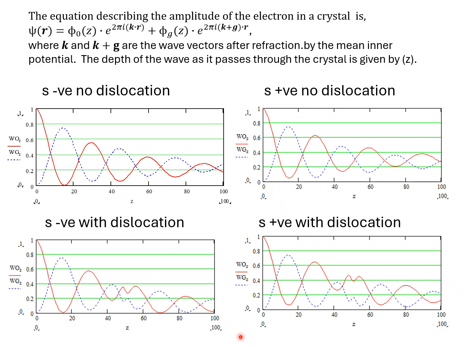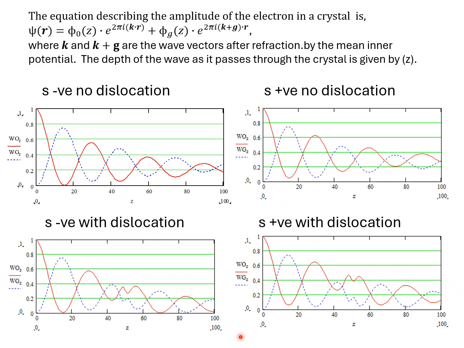But as I mentioned earlier, one can think of the waves, or the wave amplitudes, for both the direct beam and the scattered beam as being like a standing wave, or a wave where you turn the strobe on and you're freezing it.